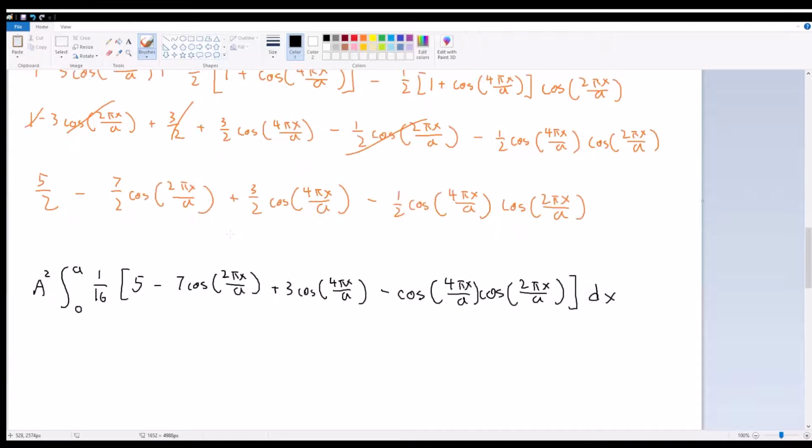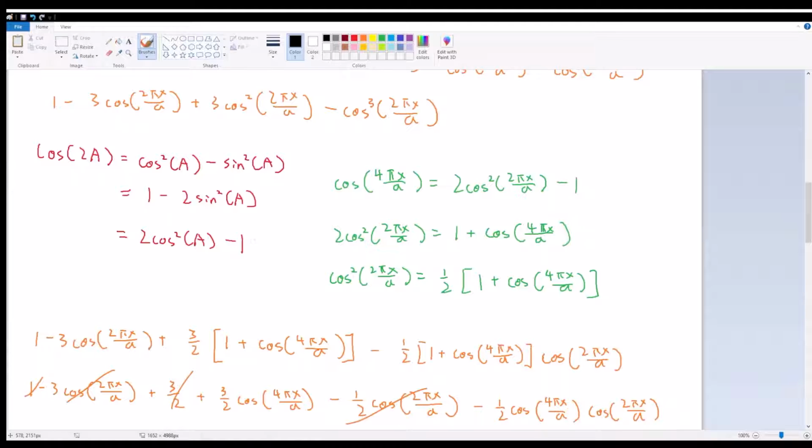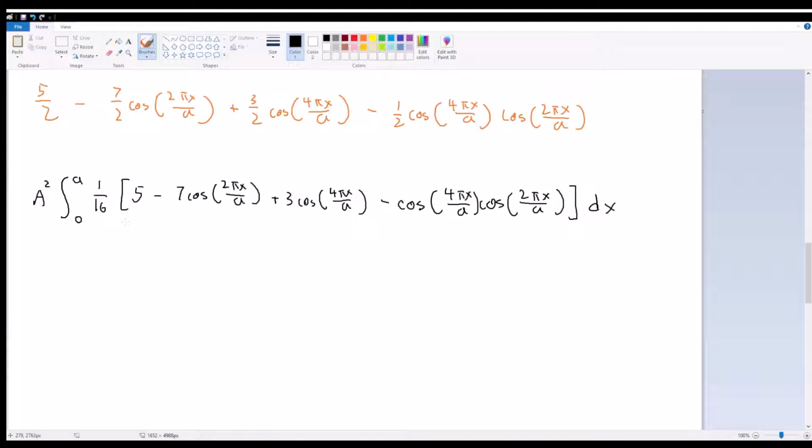Okay, at this point, we actually have to do this integral. So the first three are pretty simple to do, and then the last one is a little bit more complicated, so let's do that one last and start by doing the first three.